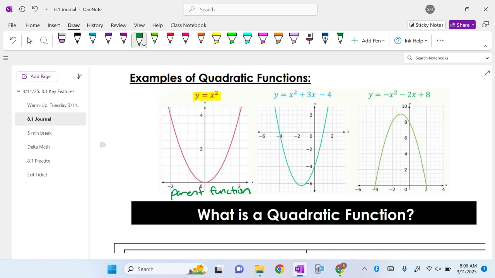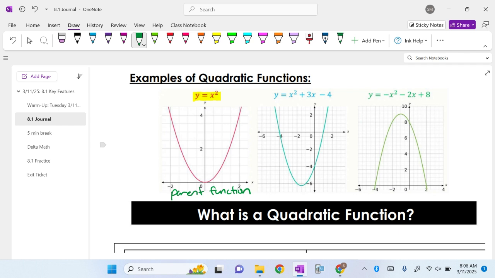When you get to Math 2 and Math 3, you're going to learn about something called parent functions. It means that that's its kind of base form. Every quadratic stems from this form, y equals x squared. Whether you add or subtract some extra stuff, that's kind of what determines where the graph goes, but actually all quadratics start from that form. There's nothing you would really do with that right now. It's just good to know for Math 2, if they ask you what a parent function is, that's the quadratic parent function.